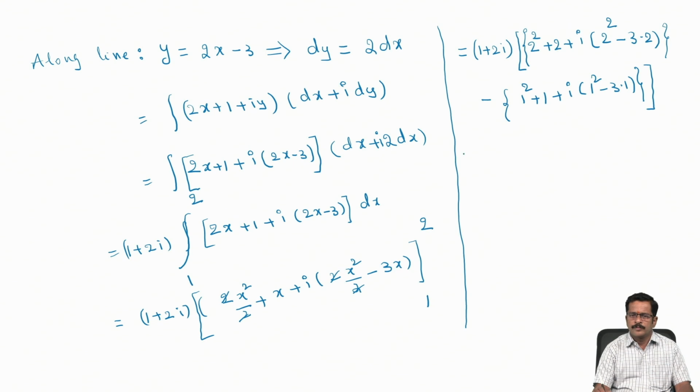So this equals (1 plus 2i) into [2 square means 4 plus 2 is 6, plus i into (4 minus 6 is minus 2)]. This is totally for the upper limit. Minus the lower limit: 1 square plus 1 is 2, plus i into (1 square minus 3, which is minus 2i).